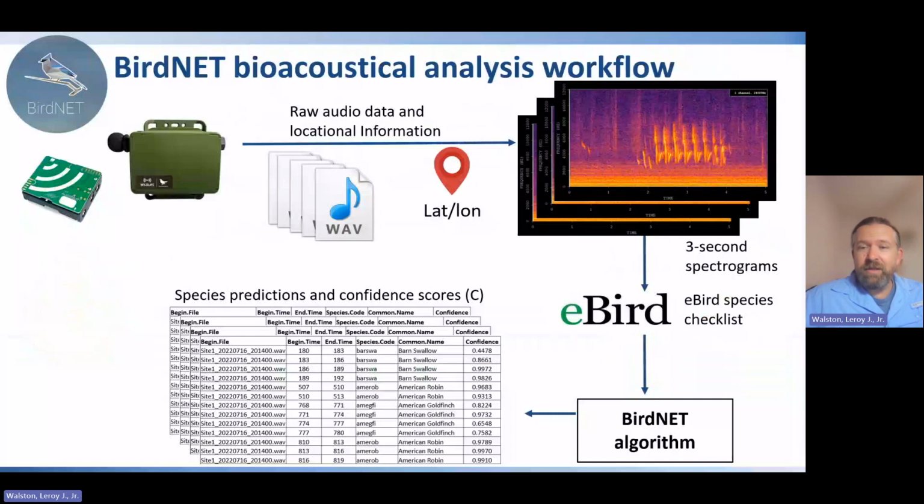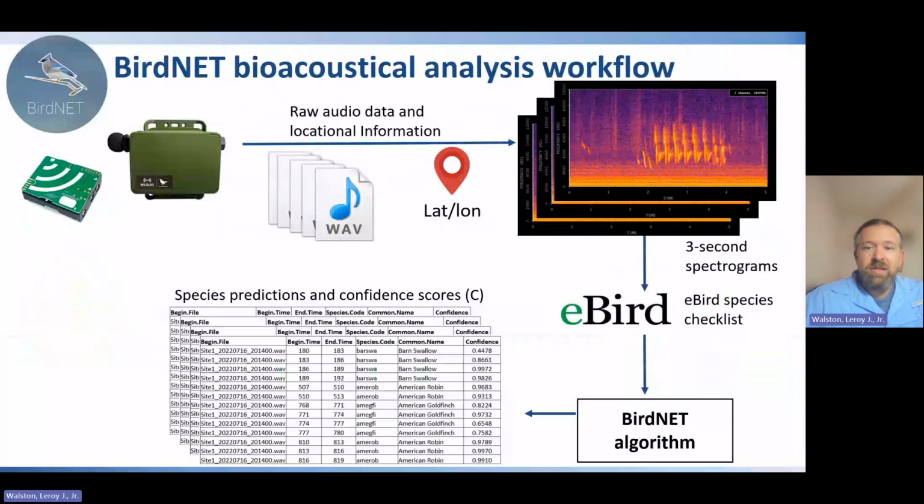For BirdNet specifically, first, a user would obviously collect a bunch of acoustic files from their study sites. They would then import all of these acoustic files into BirdNet along with information about the site's location, so the lat-long coordinates for the recorder, and the time of year or the weeks in which the recorder was collecting the data.